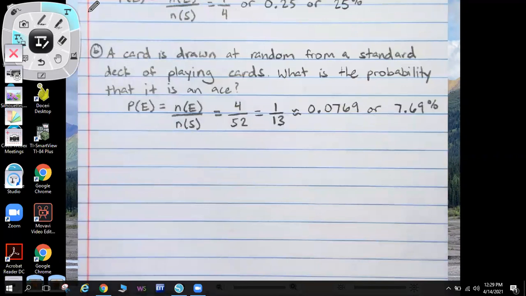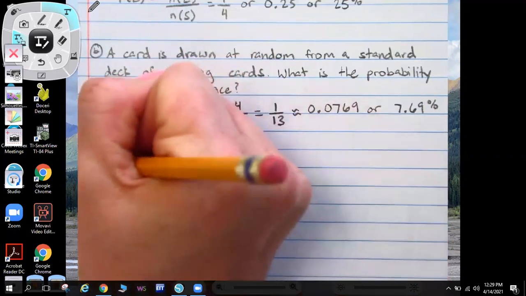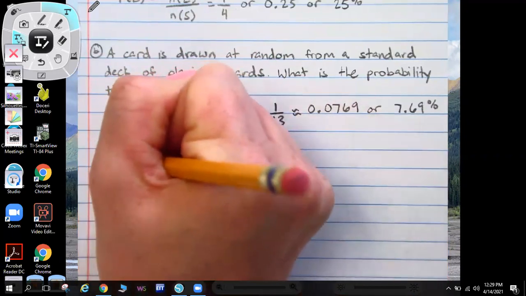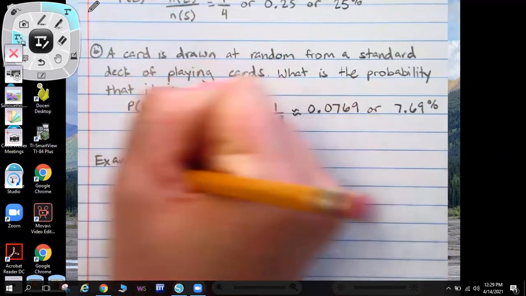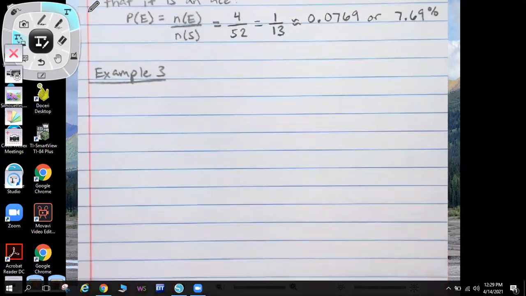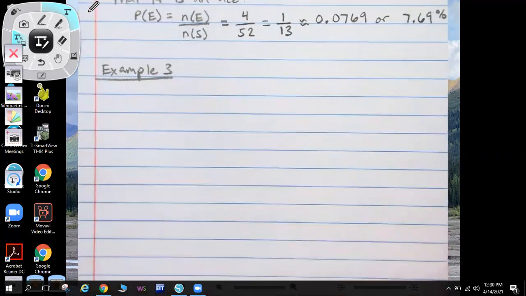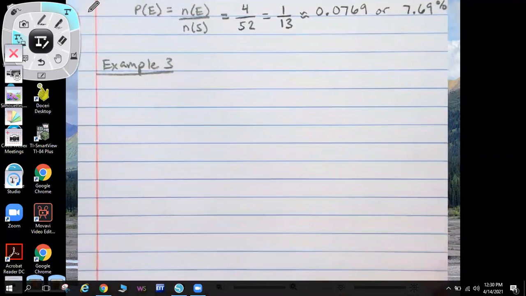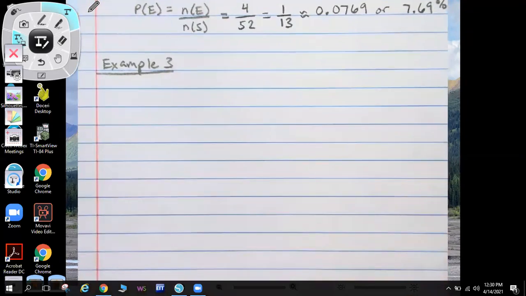Okay, let's look at example 3. I'm going to just explain what's going on in this example to you, that way you don't have to write a whole bunch. So basically we have 2 12-sided dice, but a 12-sided dice in this example is not numbers 1 through 12 on a die.